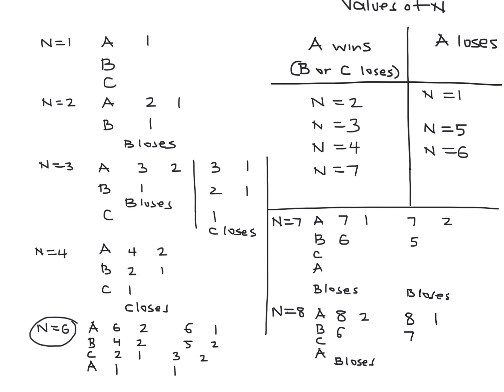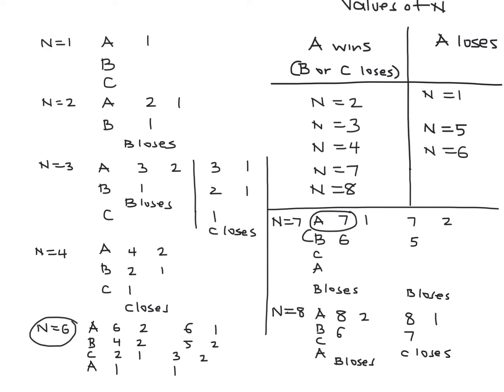Just like here, A started with 7. The next person in the previous one was B, and B lost. In this one, the next person is C, so C would lose. So C loses. And in both cases, A would win. So if A wins, N equals 8 goes into here.